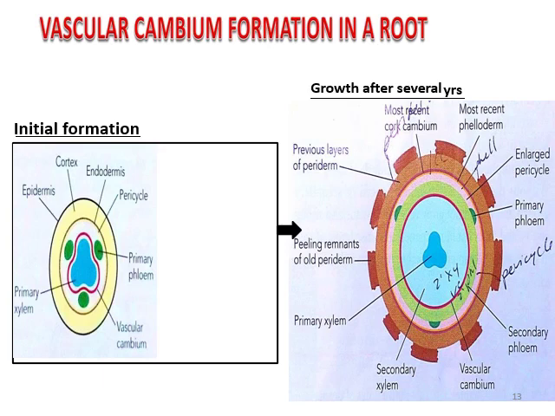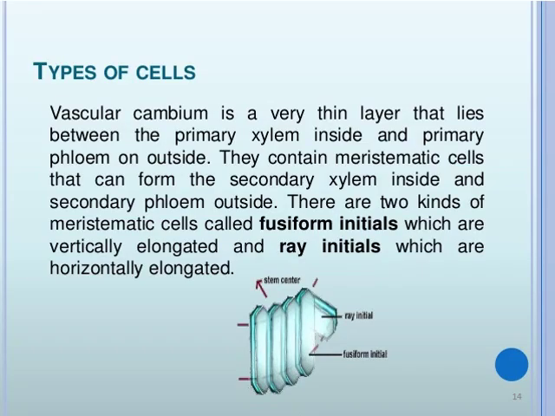As the stem or root grows in thickness, the mature primary xylem and phloem tissues are pushed farther apart, as indicated in this slide. As you know, the vascular cambium is a very thin cylindrical layer that is present between the primary xylem and primary phloem. Basically, the vascular cambium consists of meristematic cells.